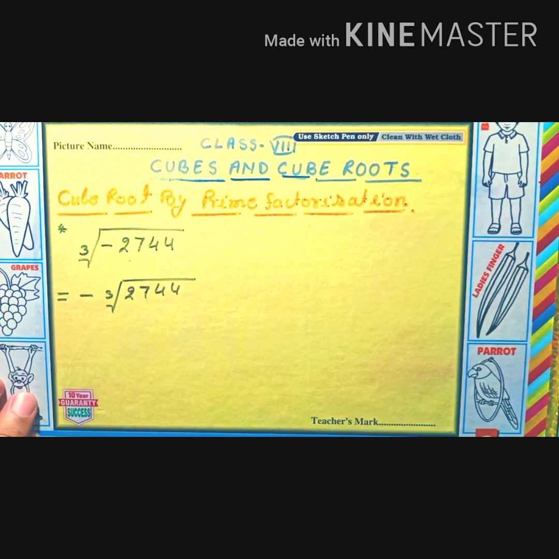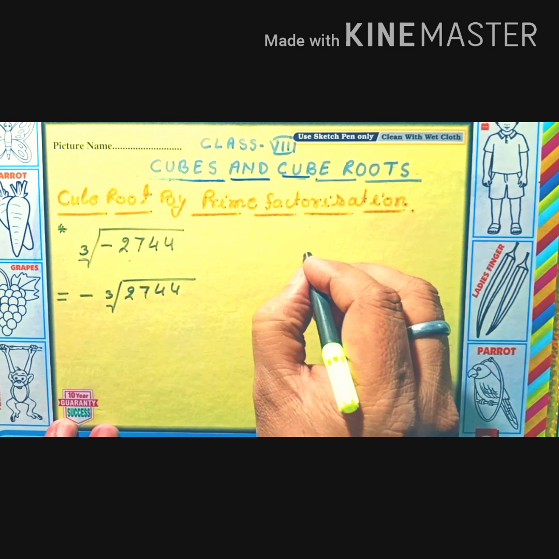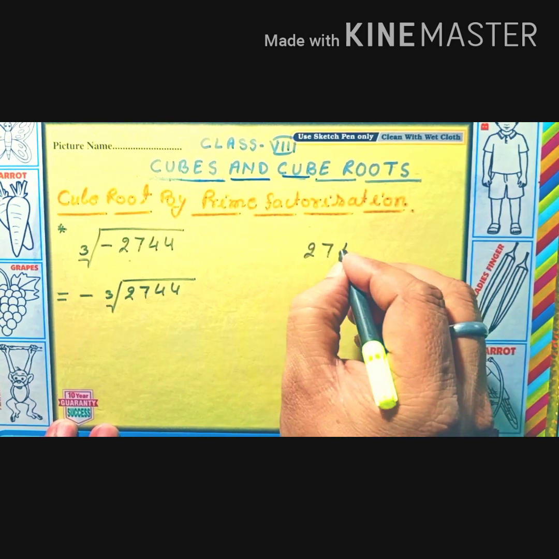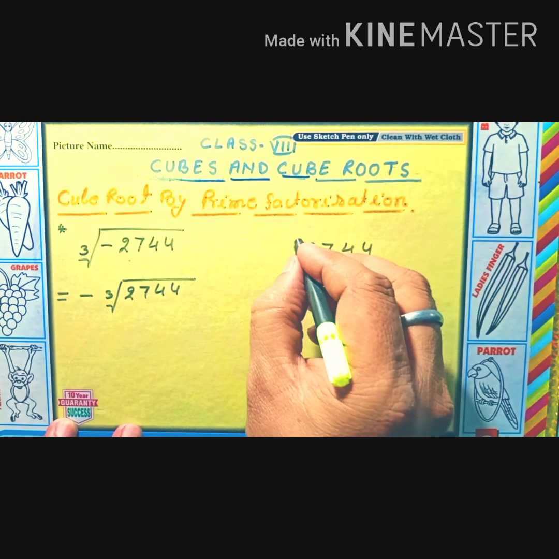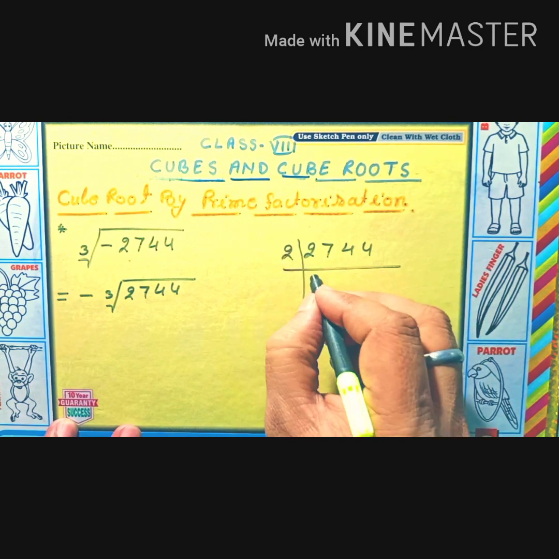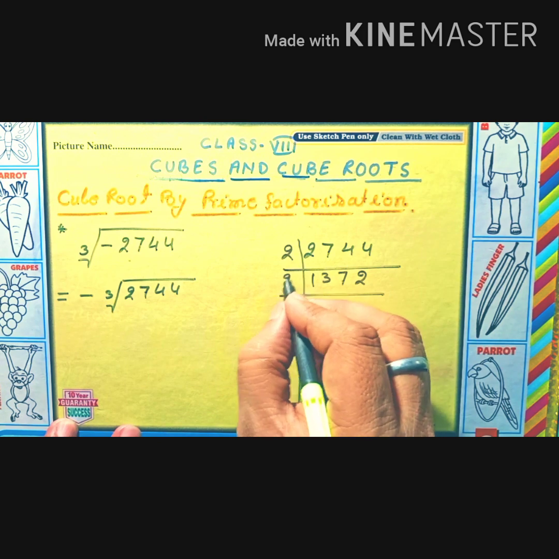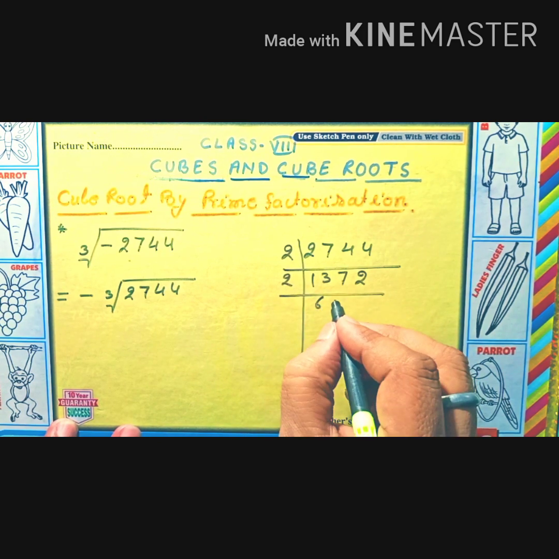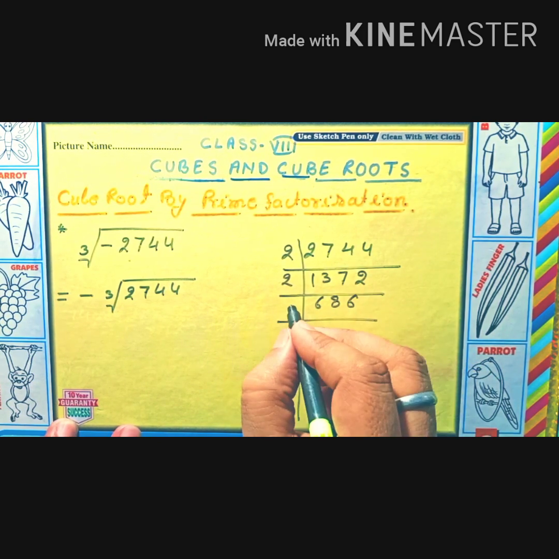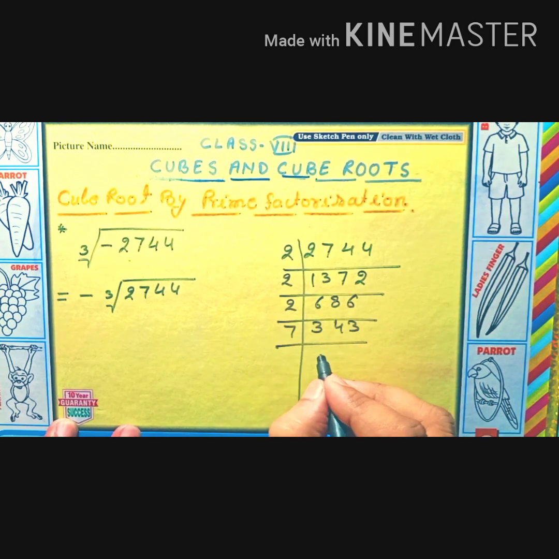Now write down the prime factorization of 2744. 2, again 2, again 2, 7, 7, 7.